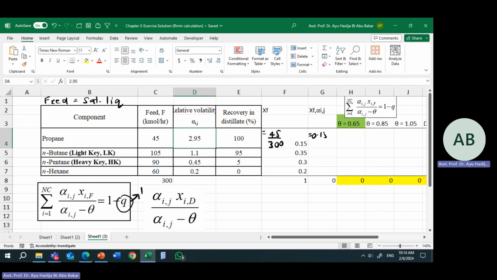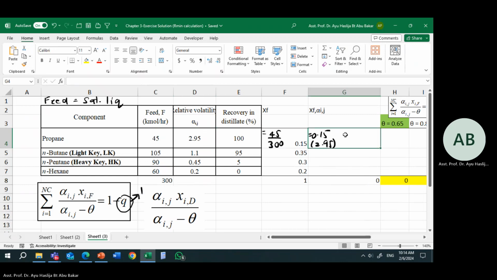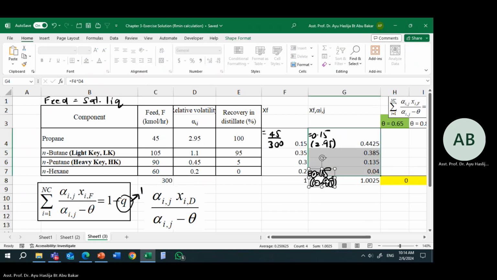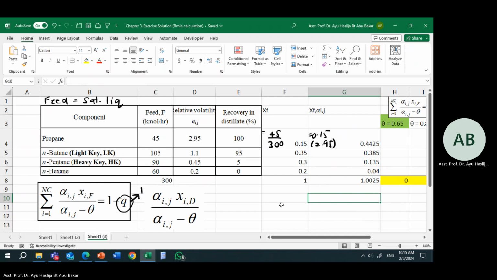So here 0.15 multiplied by 2.95. I use Excel to make it faster, but you should know how to calculate using a calculator.